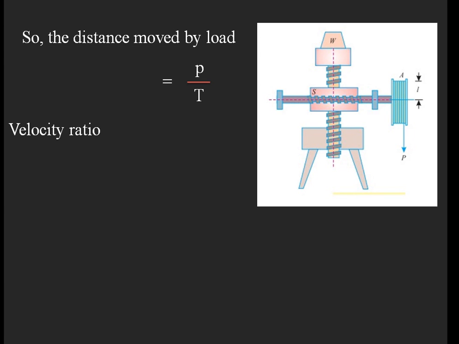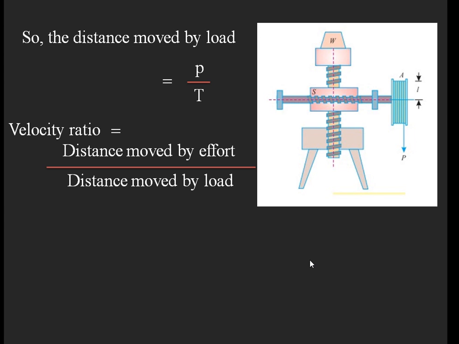Velocity ratio, as we already know the definition, is the distance moved by the effort during one revolution of the hand wheel divided by the distance moved by the load during one revolution of the hand wheel. The distance moved by the effort during one revolution covers the total circumference of this wheel.